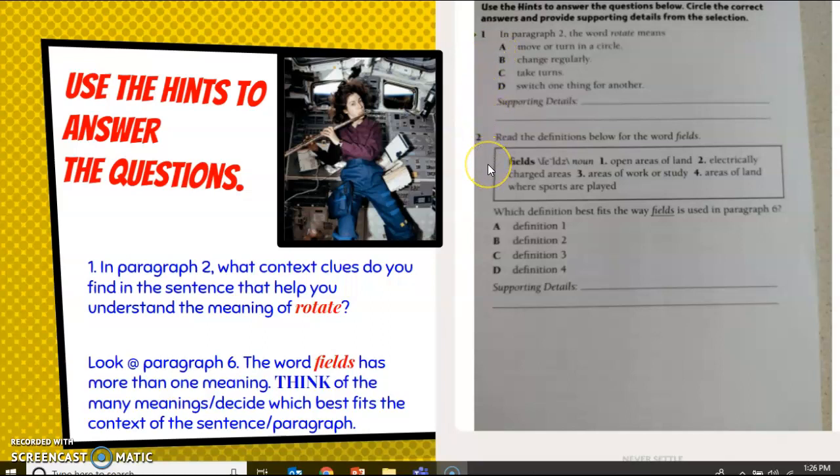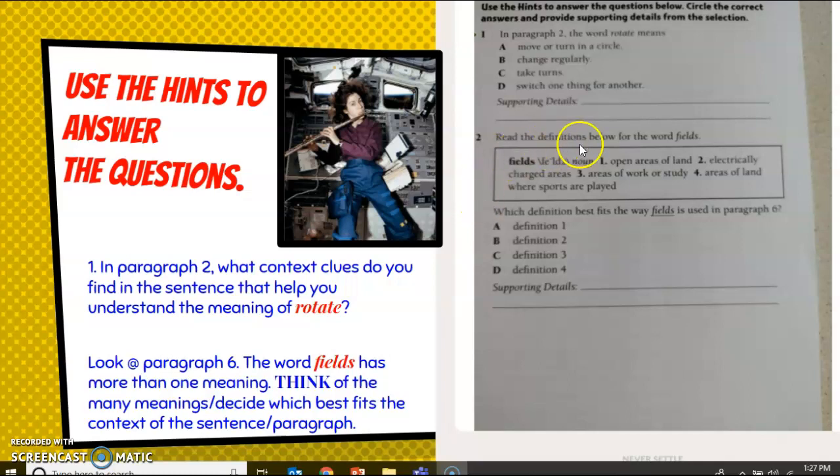Number 2 says, read the definitions below for the word fields. This is an example of a dictionary entry for a multiple meaning word. And remember, multiple meaning words are words that have many meanings, more than one meaning, depending on the context in which it is used. So it says, which definition best fits the way that fields is used in paragraph 6? Remember, it said Dr. Ochoa was known for working in the fields of science and space.